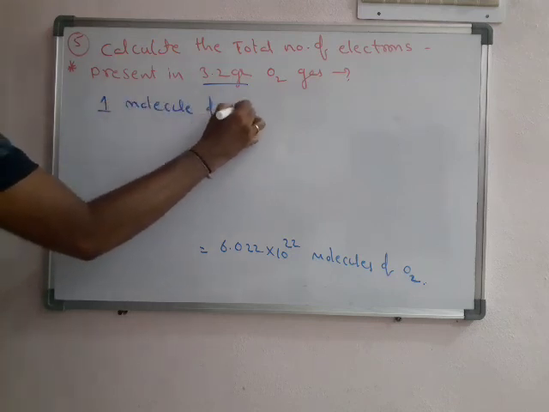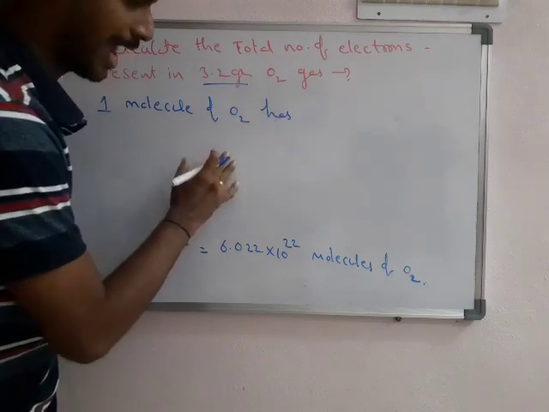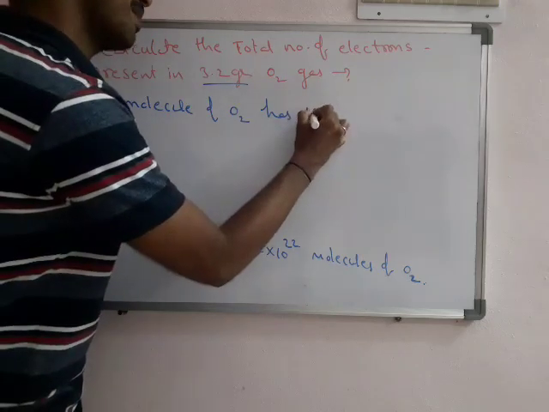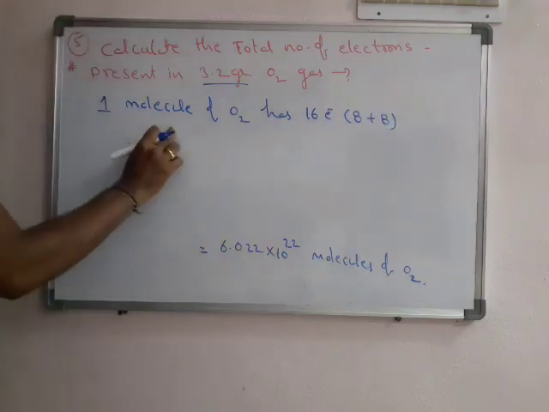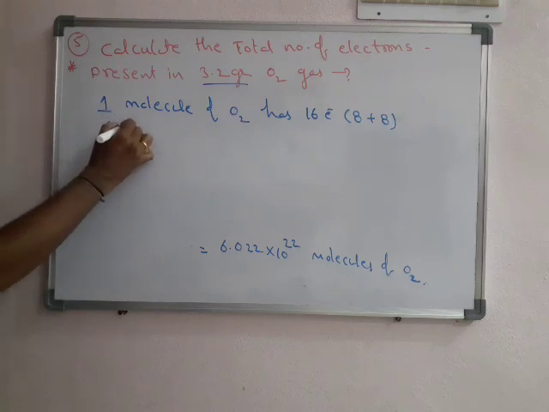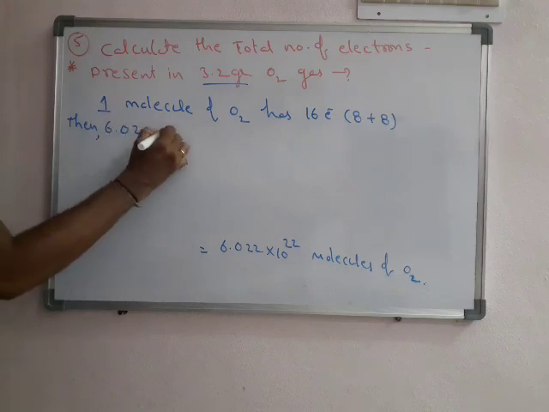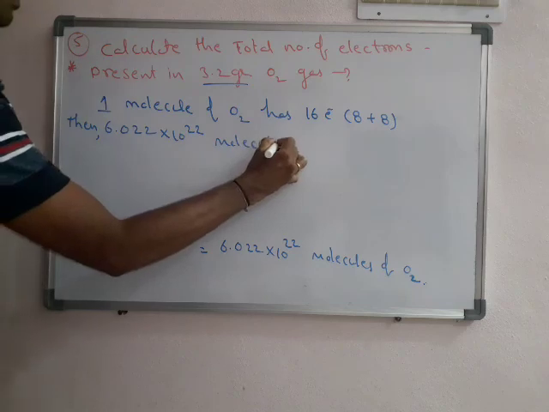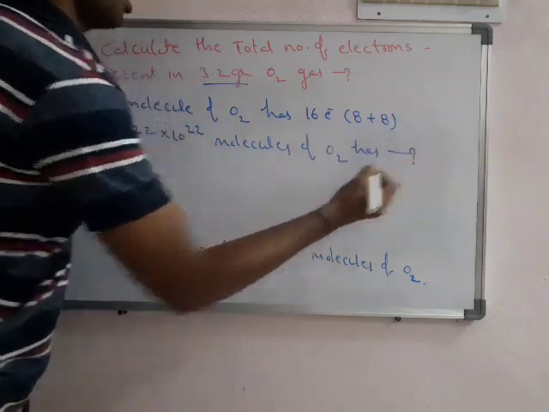One molecule of O2 has how many electrons? We are not converting to atoms; we take O2 directly. 8 plus 8 gives 16 electrons. So one molecule has 16 electrons. Then 6.022 into 10 power 22 molecules of O2 have how many electrons?